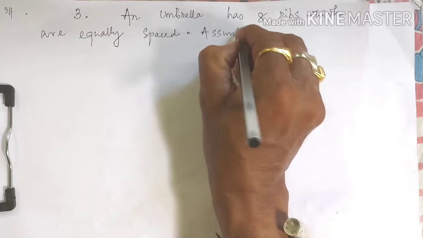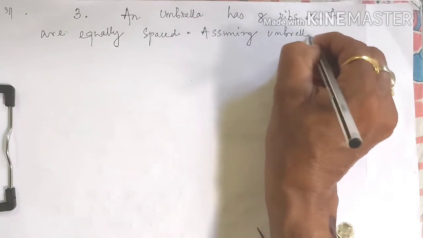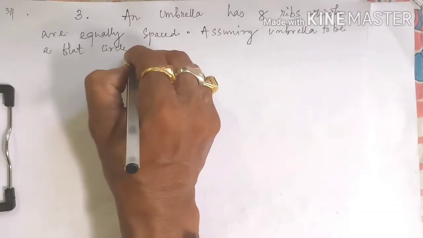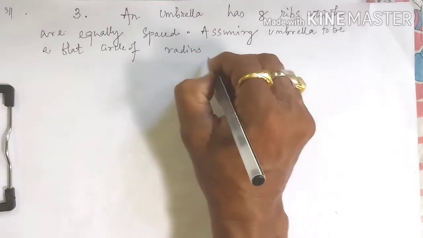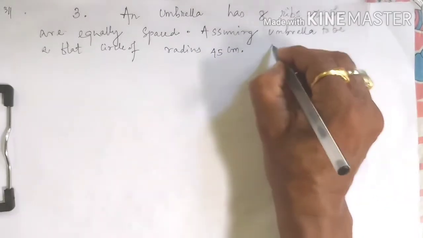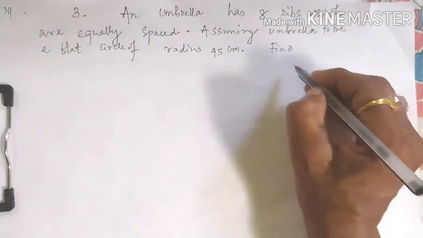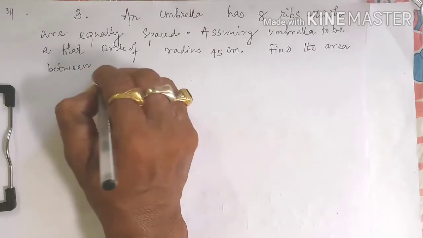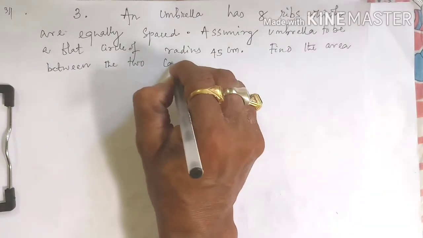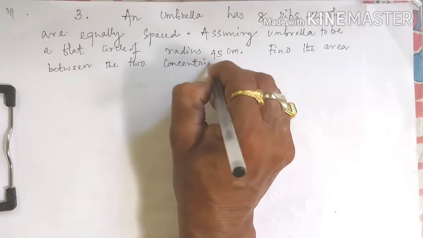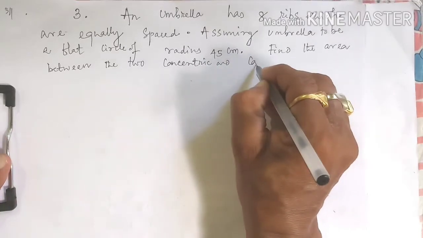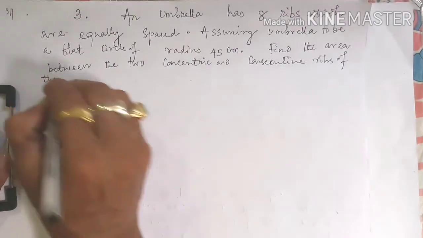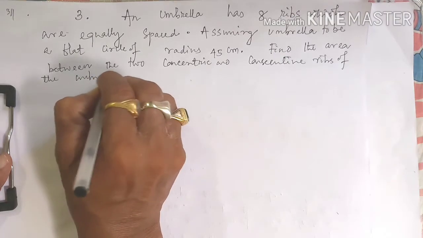Assuming the umbrella to be a flat circle of radius 45 centimeter, find the area between the two consecutive ribs of the umbrella.